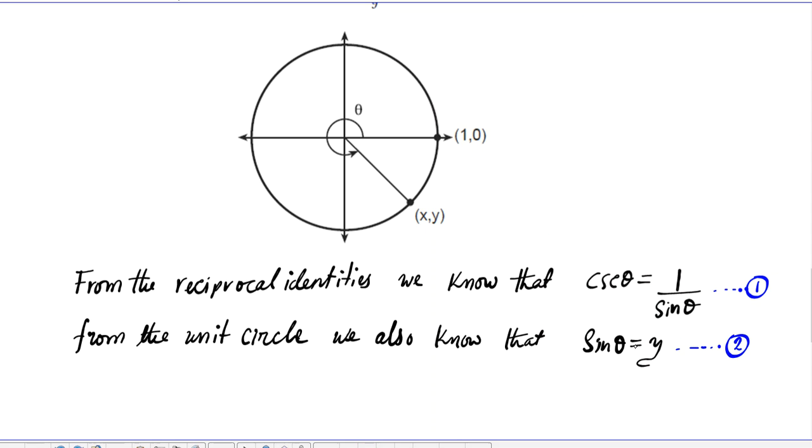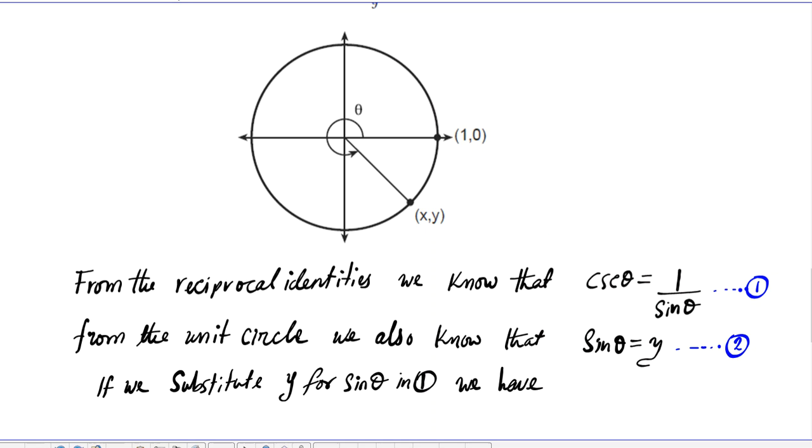Now we're just going to make a simple substitution. If we substitute y for sine theta in 1, because from 2 we know that y is equal to sine theta, we have the equation cosecant theta equals 1 over y. And that's basically the end of the story.